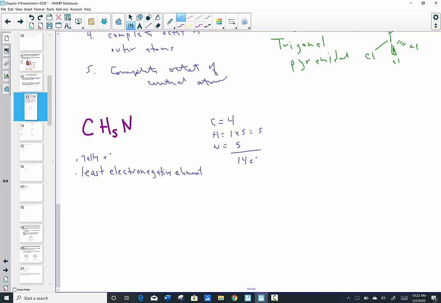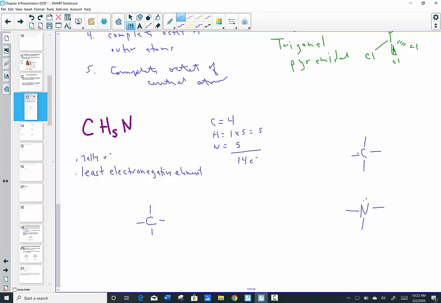Thinking about what we know about atoms, I know that carbon is allowed to have 4 bonds. It lives in group 4A and has room for 4 dots. I also know that nitrogen, who lives in group 5A, will have 1 lone pair and room for 3 bonds.